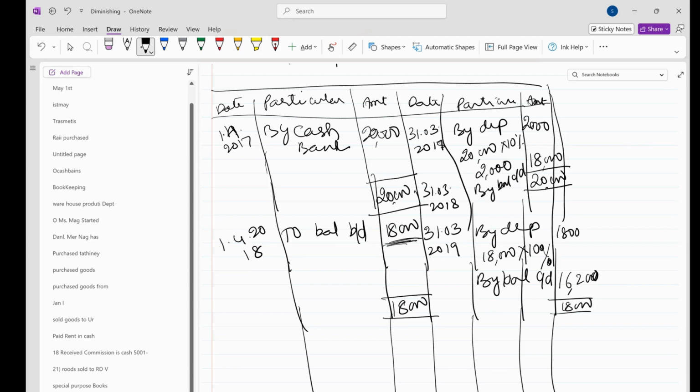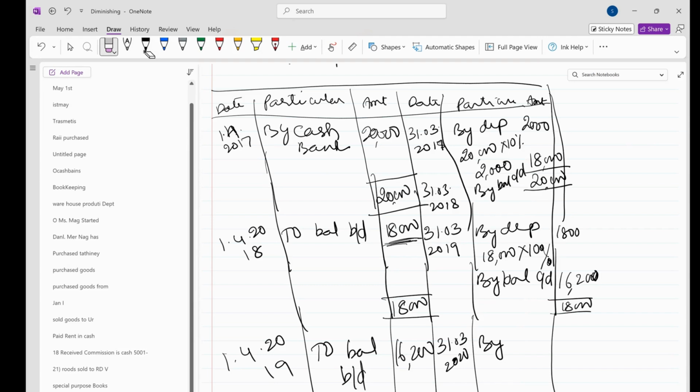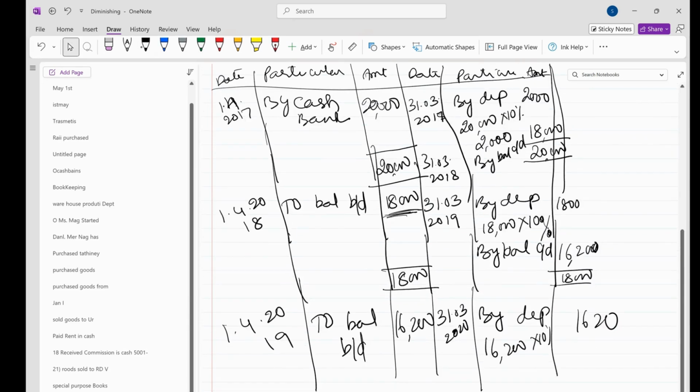Got it? Yes, ma'am. Now 1/4/2019, to balance brought down amount is 16,200. Now again we'll use it for another year, 31/3/2020. Now by depreciation, what is the amount? 16,200 at 10%. So 1,620. Okay.